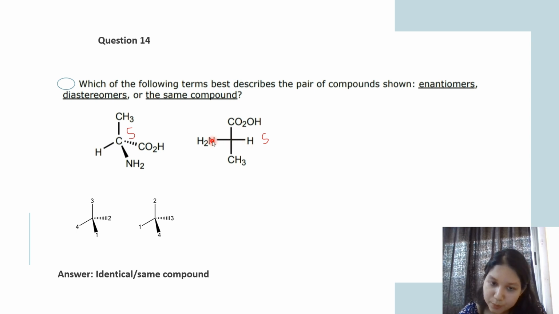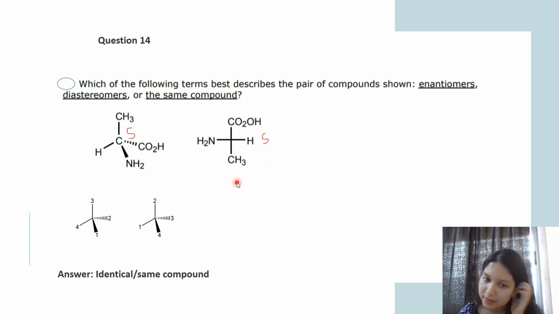If we move from 1 to 3, 1, 2, 3, we are moving in a clockwise direction, and this is the COOH, the carboxylic group. So we have to assign it as S configuration.